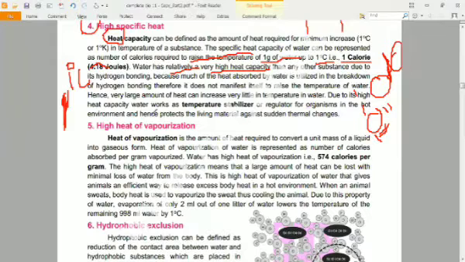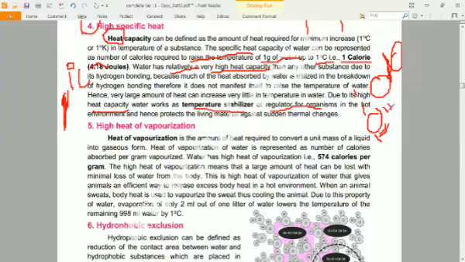So this is the property that due to high heat capacity, water works as a temperature stabilizer or regulator for organisms in a hot environment, and hence protects the living material against sudden thermal shocks. Like in summer, if the temperature rises to 40 to 45 degrees Celsius, our body maintains its temperature by certain ways, and the water does not get evaporated or boiled in our body, because it can be a heat absorber as well.